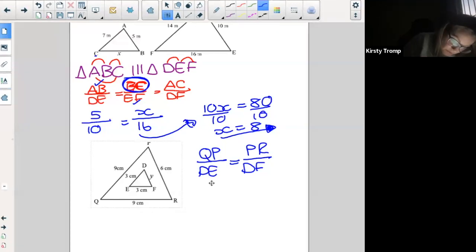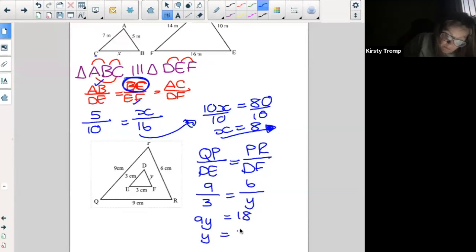So QP equals 9, DE equals 3, PR equals 6, and DF equals Y. So 9 times Y gives me 9Y. 3 times 6 gives me 18. Divide both sides by 9, and Y will give me 2 centimeters.